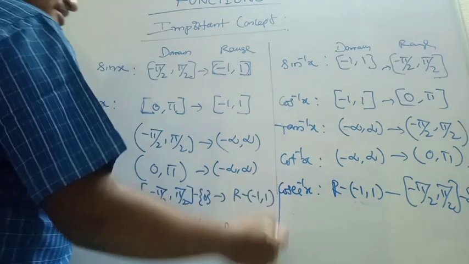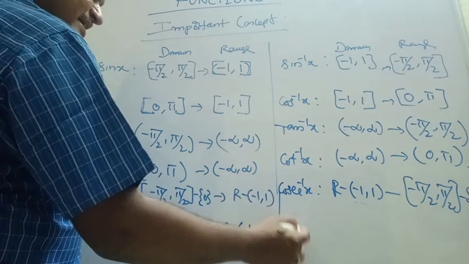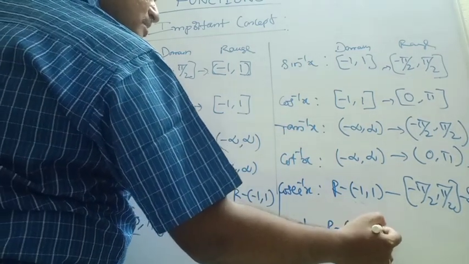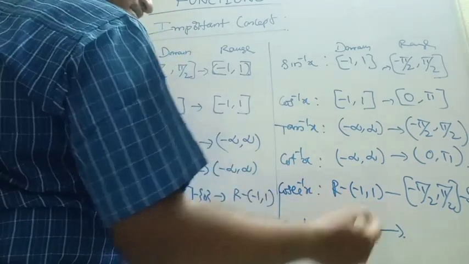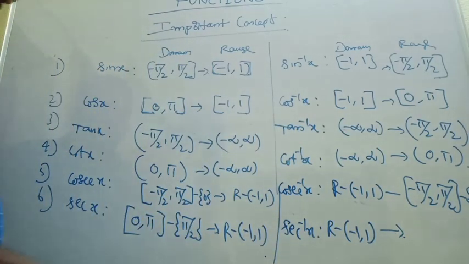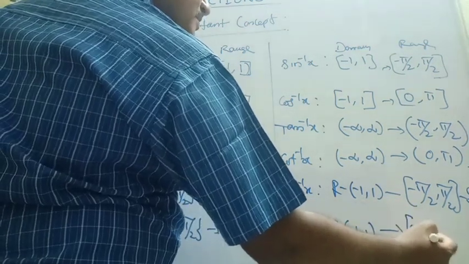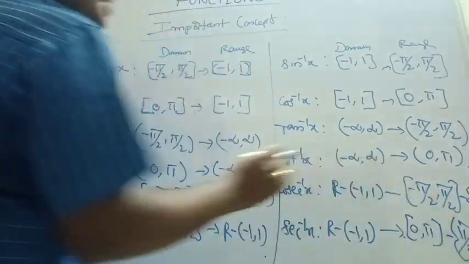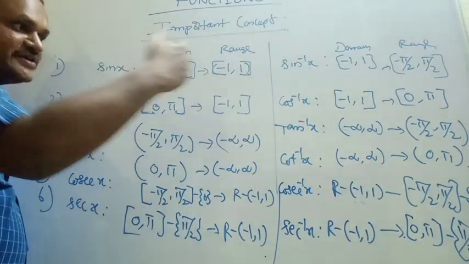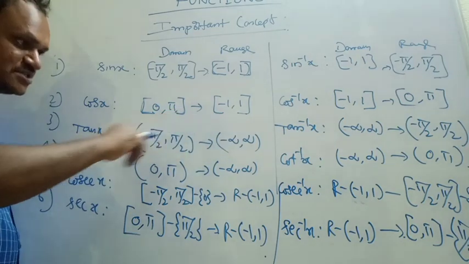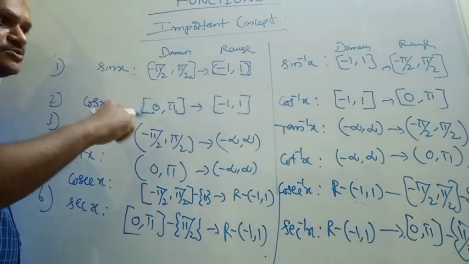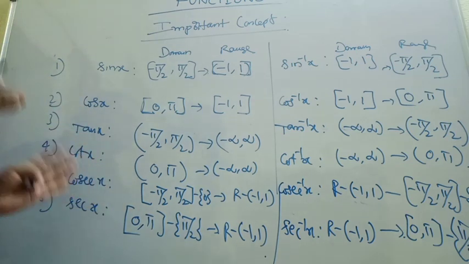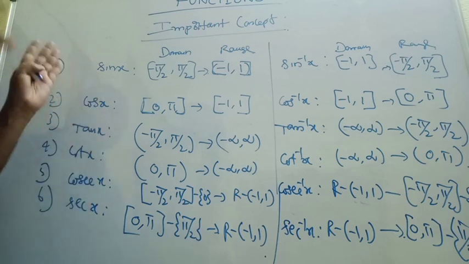In this it is bijective, therefore secant inverse x has the domain R minus (-1, 1) and the range 0 to pi except pi/2. This fundamental knowledge is required. Every function and its inverse is defined because in these domains only, it is a bijective function. Whenever we do the problems, we are going to take these particular domains.